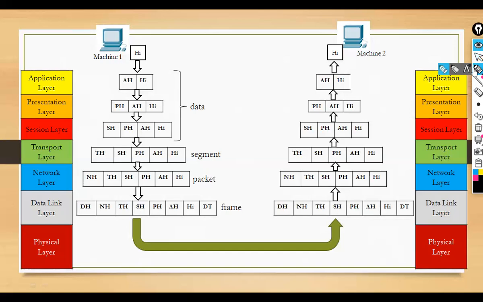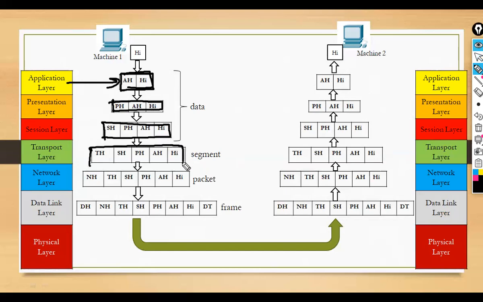So the next thing, you can see at each layer you have got a structure here. This is the structure at the application layer. This is the structure at the presentation layer. This is the structure at the session layer. This is the structure at the transport layer. So this structure is collectively called PDU, or protocol data unit.